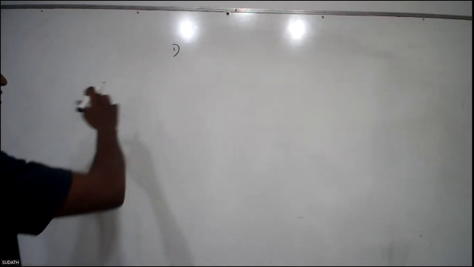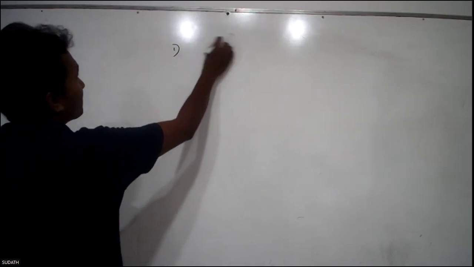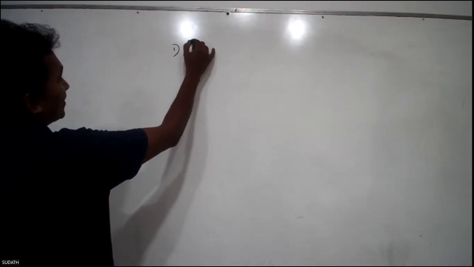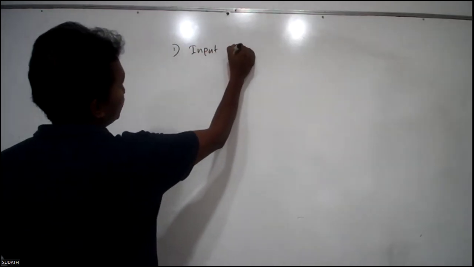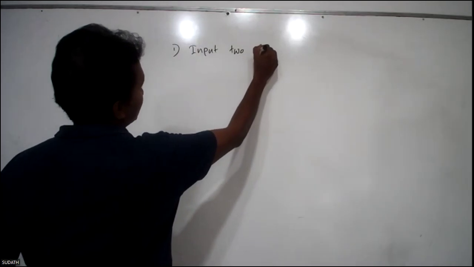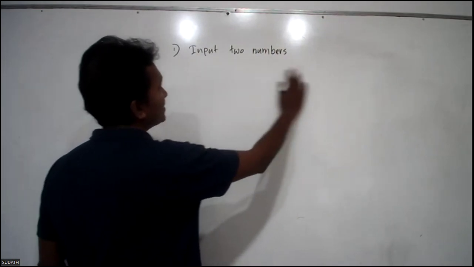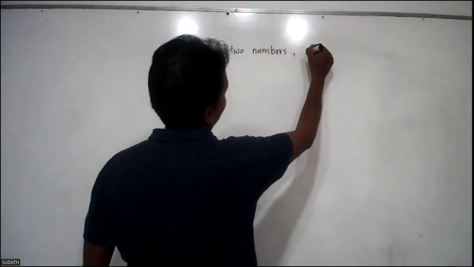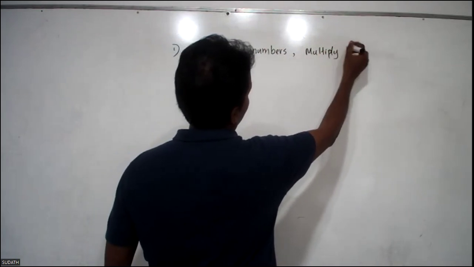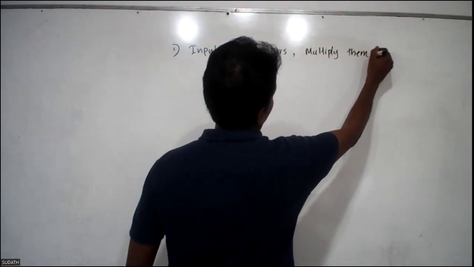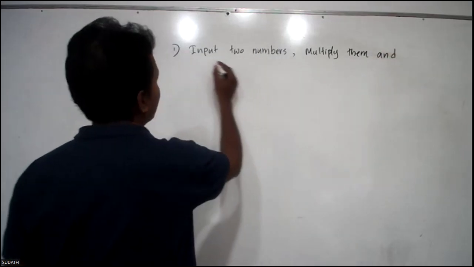Our first question is: input two numbers, multiply them, and output the result.